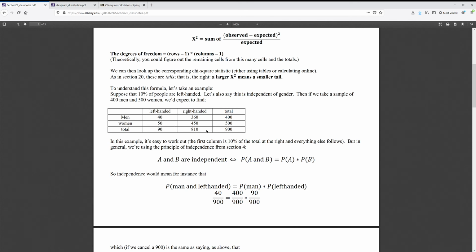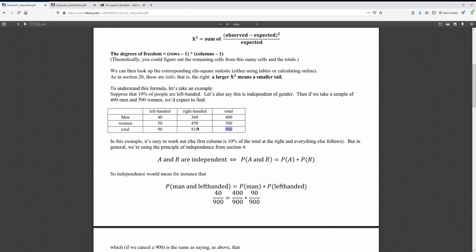Remember, to get probabilities out of this, you just divide by the relevant totals, as we've seen. What's the probability that you are a man and left-handed? Well, if you're picking one of these 900 people, then the probability that you get a left-handed man is the total successes over the total you're picking from, as always, 40 divided by 900.